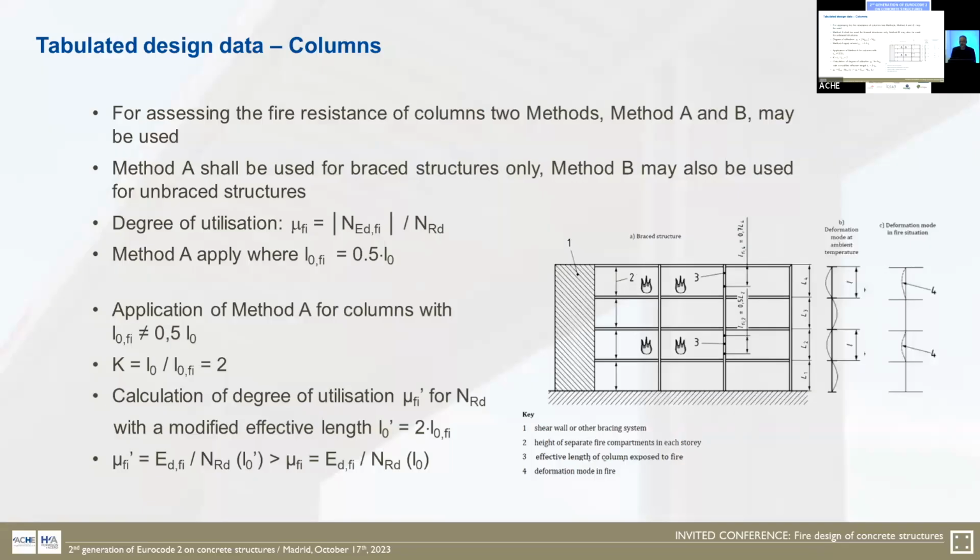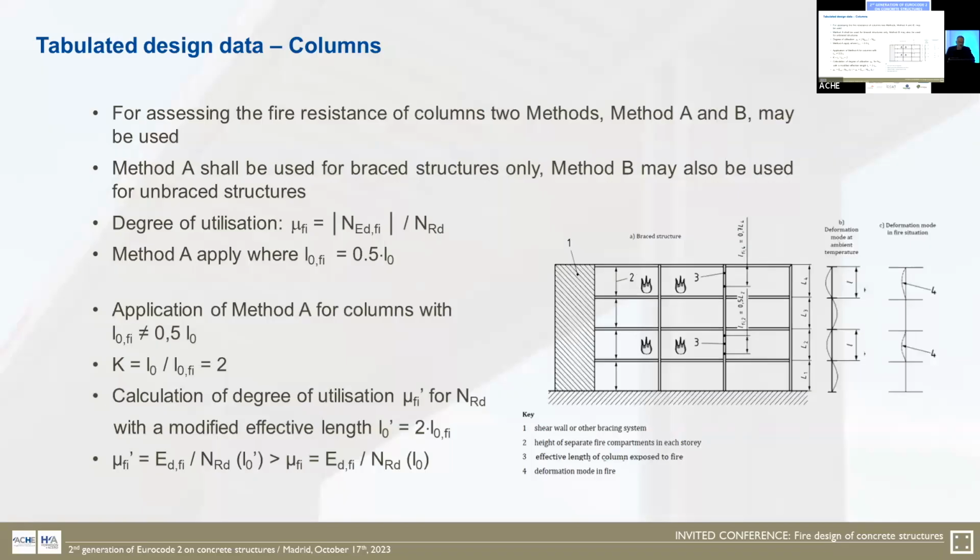And then we try to extend the method by giving some provisions when you cannot make sure that the buckling length in fire is half of the buckling length in ambient conditions. For example, there are some provisions which require to calculate this degree of utilization, still mu Fi with an apex, and with a modified effective length, which is L0 equal to twice the buckling length in fire.